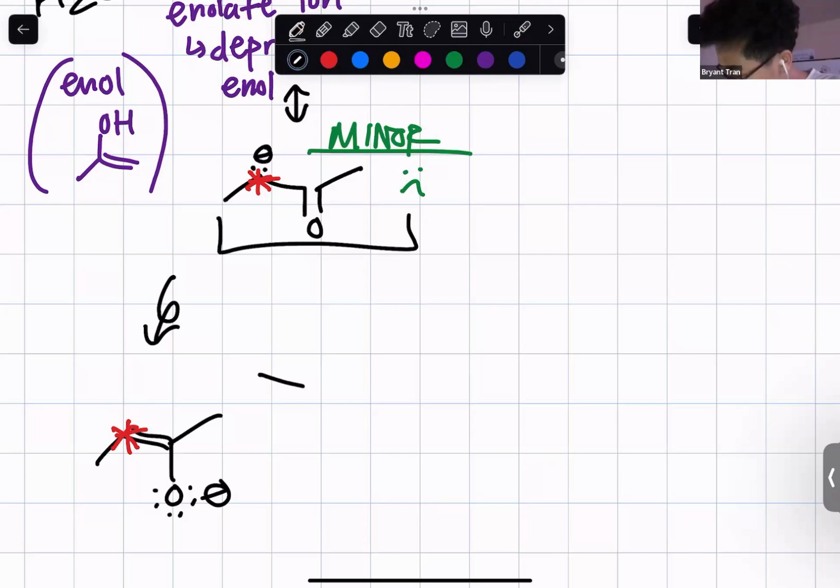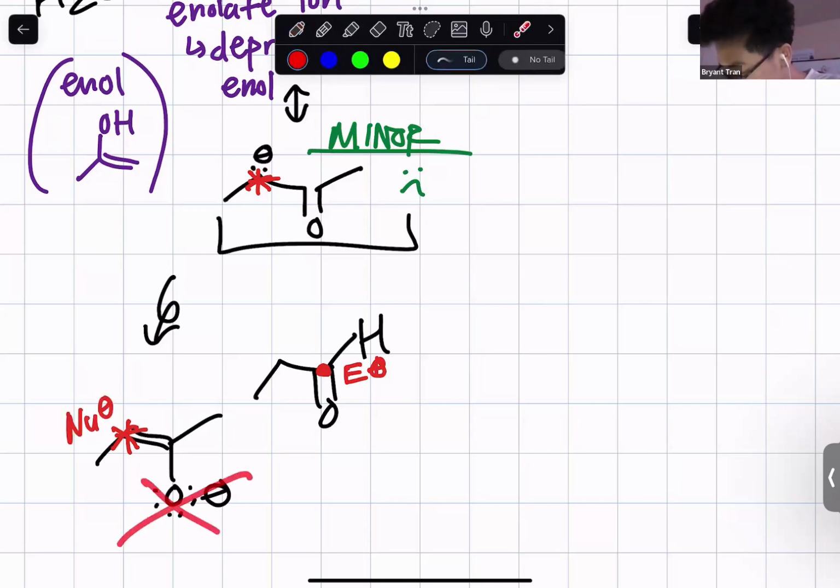I'm going to bring in another aldehyde because we have excess aldehyde floating around. This dot carbon here, because it's partial positive, is my electrophile. This star carbon here is my nucleophile, not this O minus, and we know why already because of the resonance structure. The resonance structure puts a negative charge on that alpha carbon, making it more reactive, more unstable.